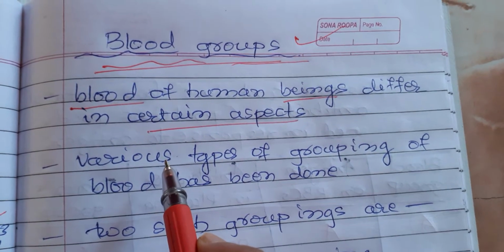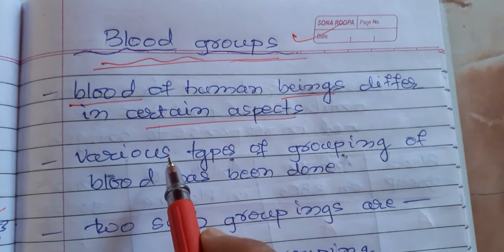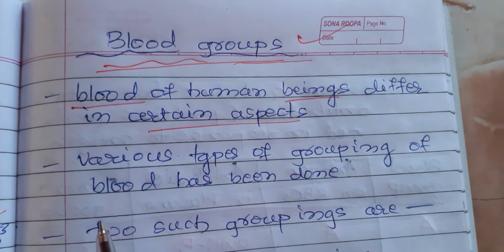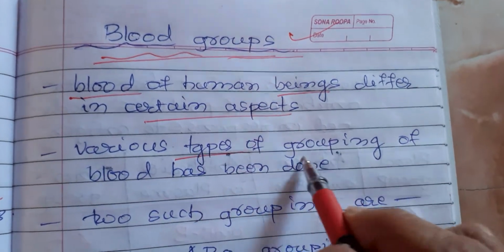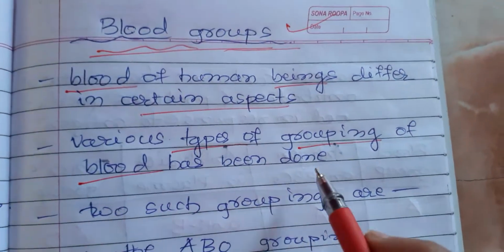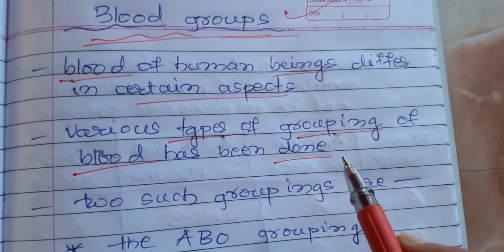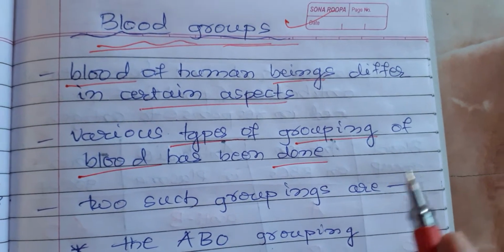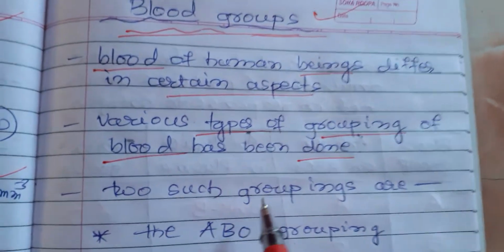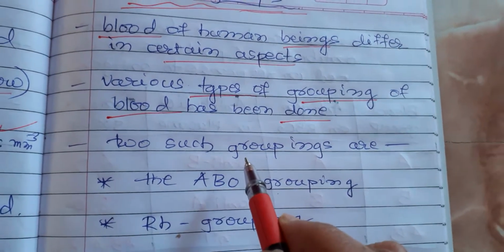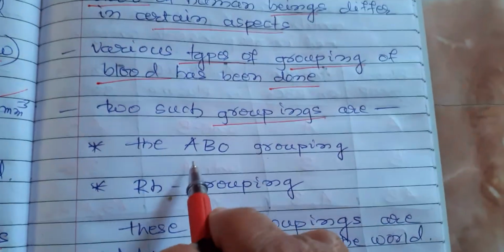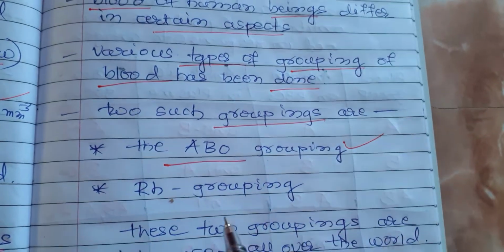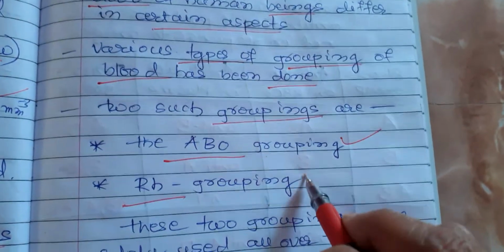with respect to certain aspects, and based on these differences various types of grouping of blood are done. There are mainly two types of groupings, and they are ABO grouping and RH grouping.